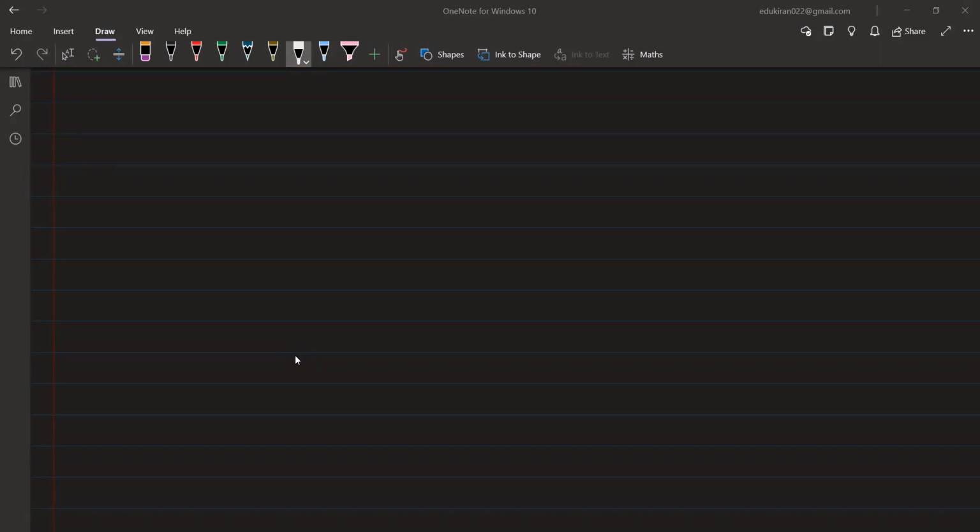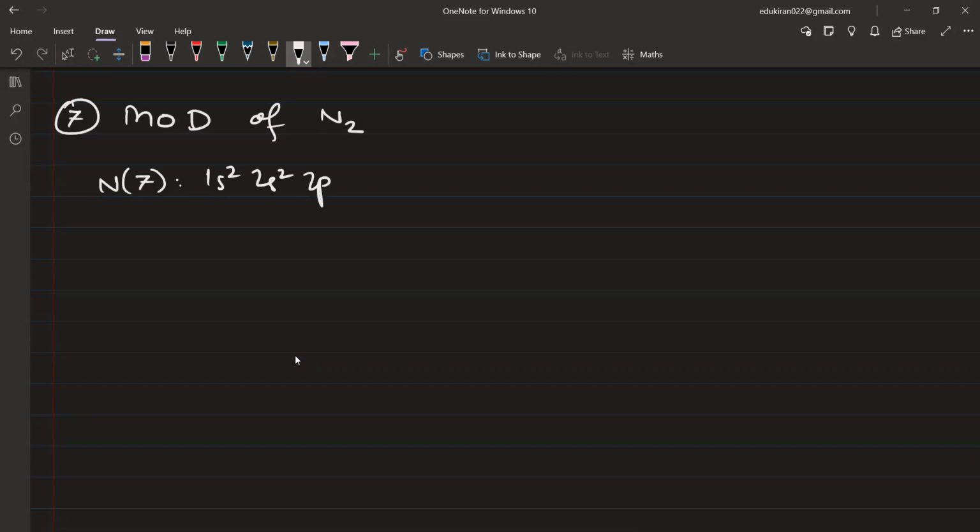Okay. So now we are going to look at nitrogen. Nitrogen is going to have how many electrons? 7 electrons: 1s2, 2s2, 2p3. So the N2 molecule is going to have 14 electrons.